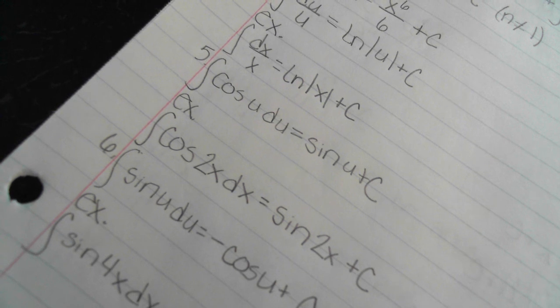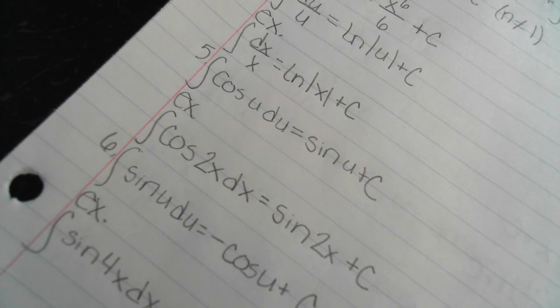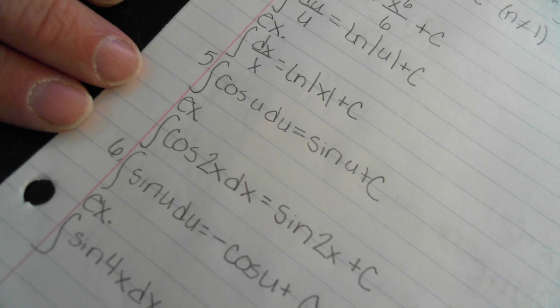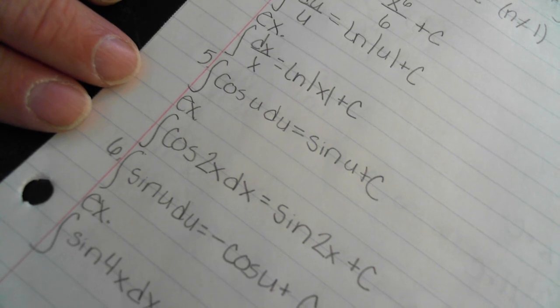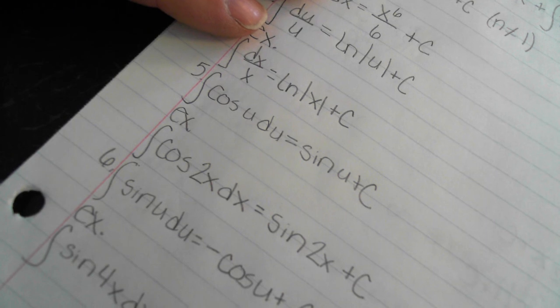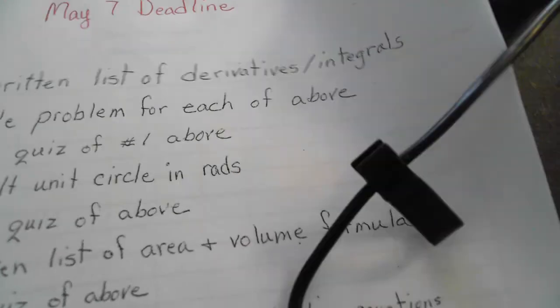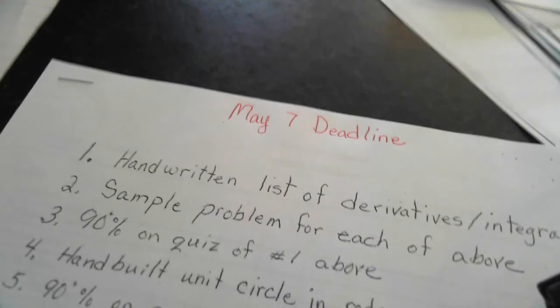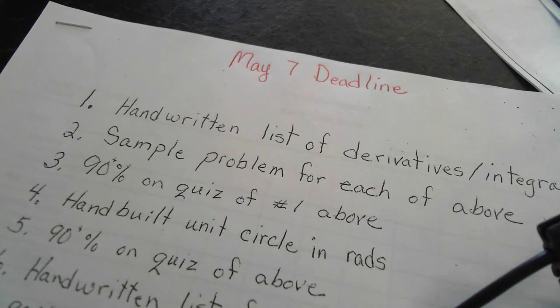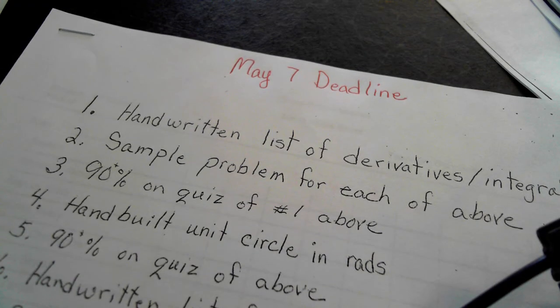So number 5 is not only a list of integrals, it's a list of integrals with samples. Book sample. Well, that would be for another point. See number 2? She did a list with a sample problem for each. All right?